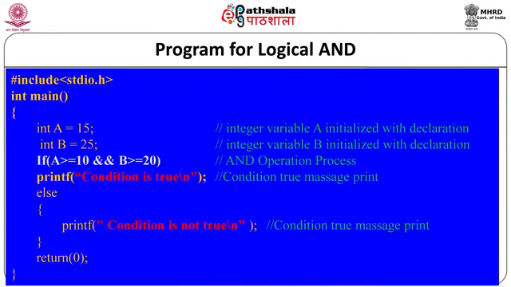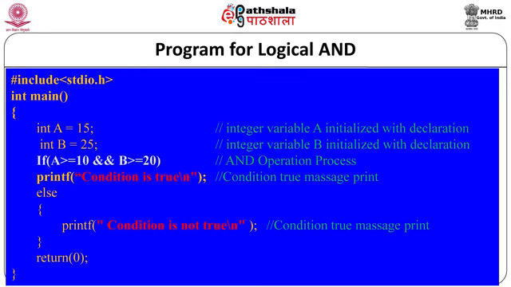Now, let us see simple program for demonstration of logical AND operator. In this program, you can see value of A is considered as 15 and value of B considered as 25. Both are integer. If A is greater than or equal to 10 and B greater than or equal to 20, in between these two conditions or two expressions, I am using logical AND operator.